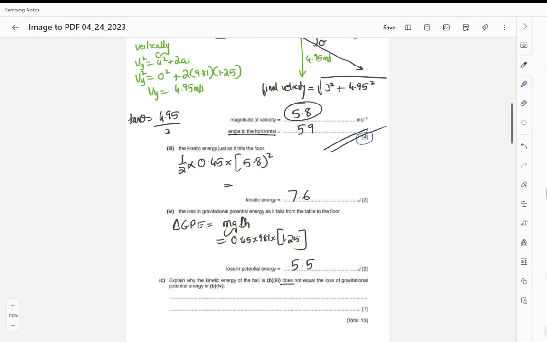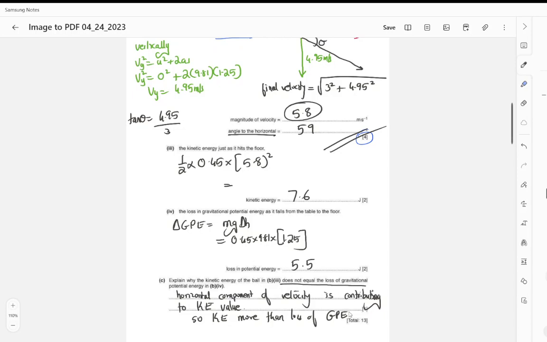So to explain why the kinetic energy of the ball does not equal the loss of GPE: the horizontal component of velocity is contributing to the kinetic energy, so KE is more than the loss of GPE.